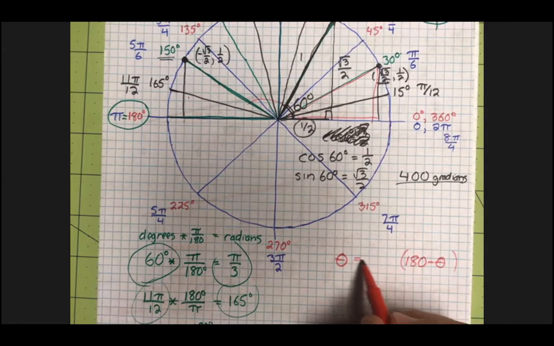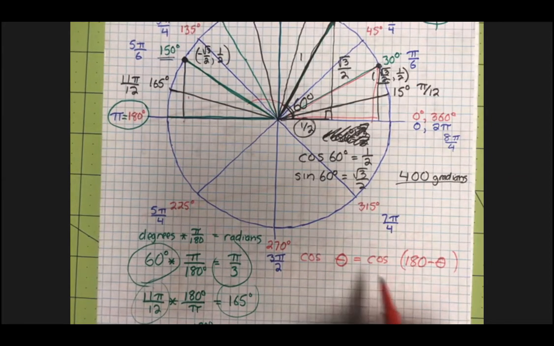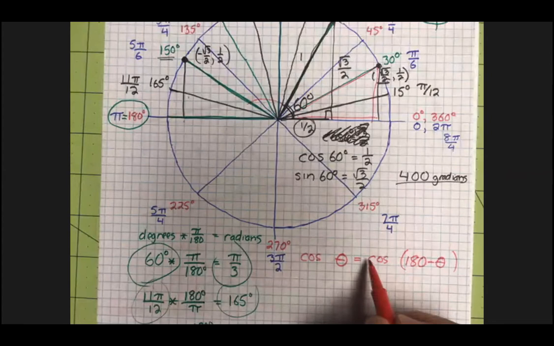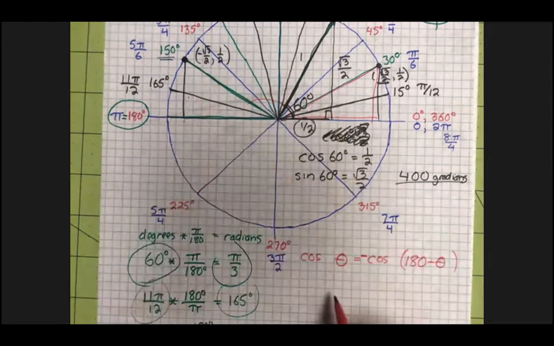So this is one of our identities. The cosine of theta is the opposite of cosine of 180 degrees minus theta. The cosine of theta is the opposite of the theta on the other side.